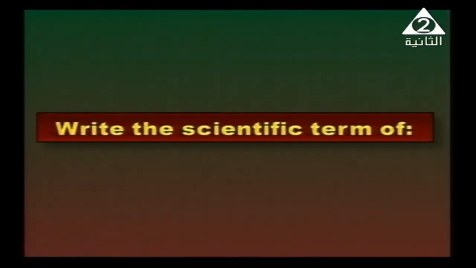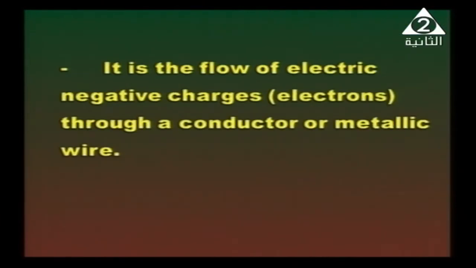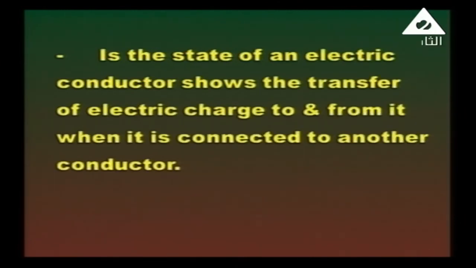What are the scientific terms of the following? Number one: the flow of electric negative charges, or electrons, through a conductor or a metallic wire. It is electric current. Number two: the state of an electric conductor that shows the transfer of electric charges to or from it when it is connected to another conductor.